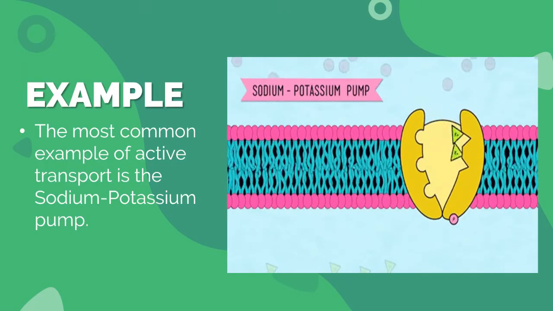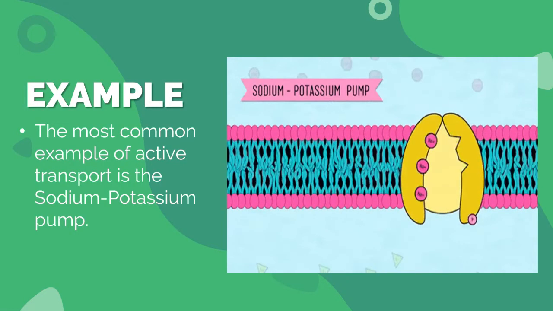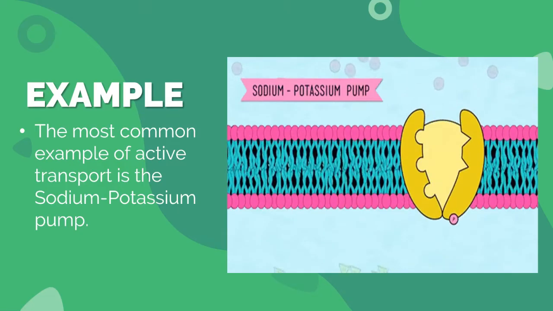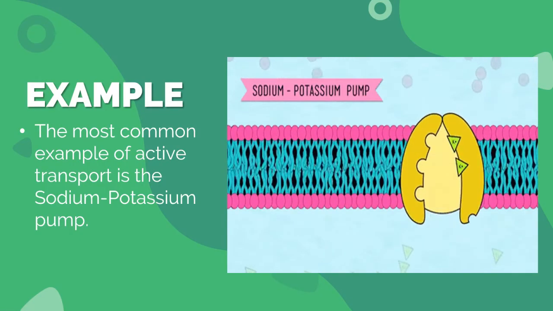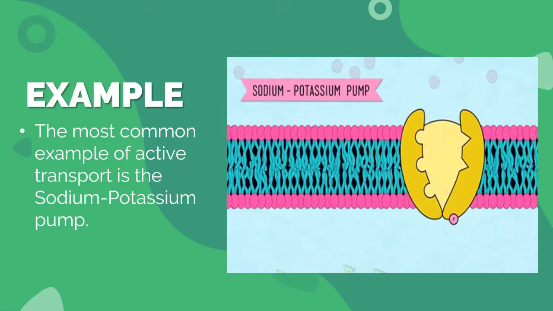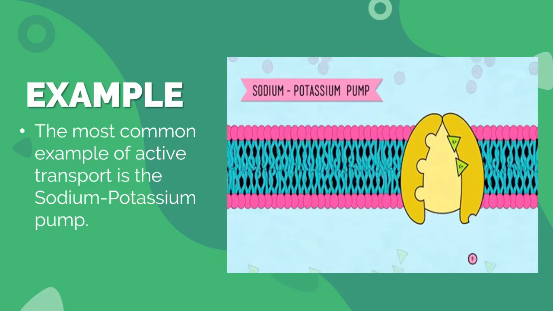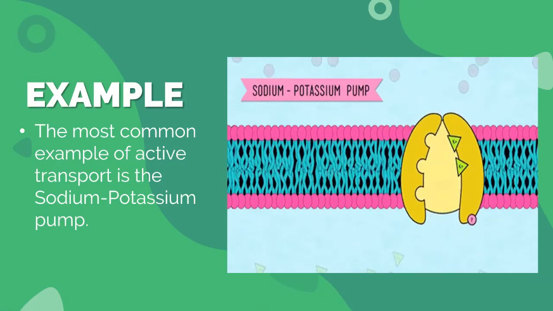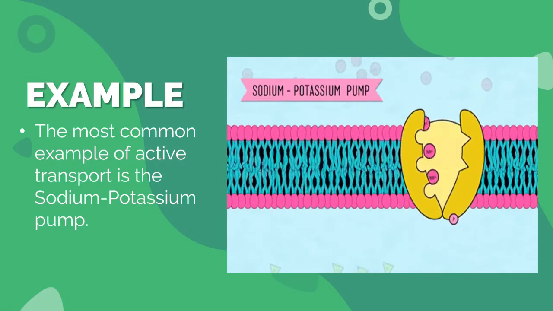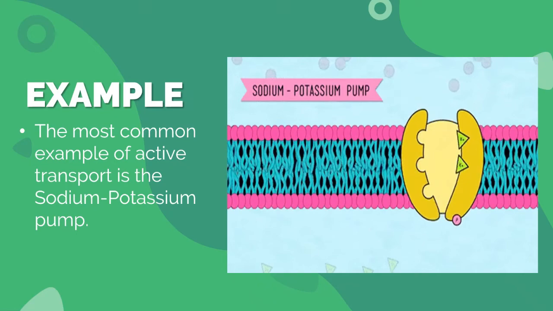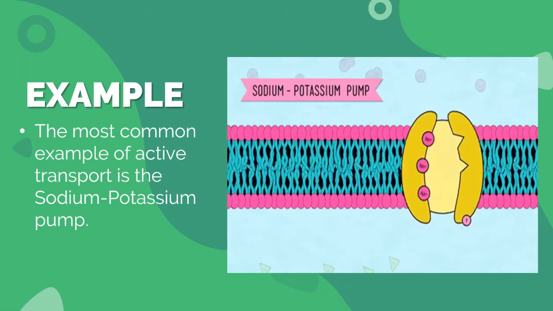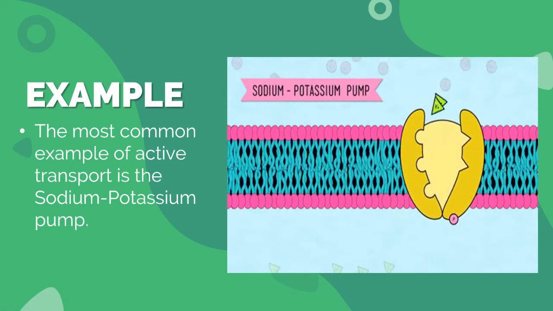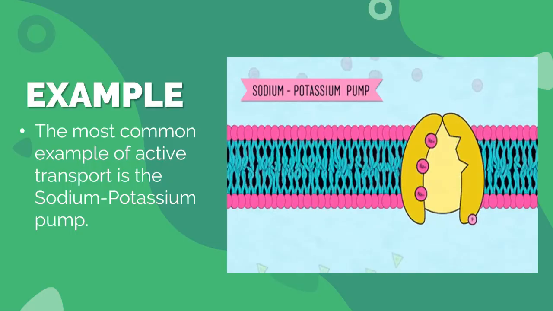Kapag in-attach ngayon ng ATP ang kanyang sarili, matatanggal po ang isang phosphate sa kanya. Therefore, yung ATP, magiging adenosine diphosphate. Yung phosphate na yon, yun po yung may dala ng energy, at yun po yung reason kung bakit bumubukas yung ating channel or carrier.